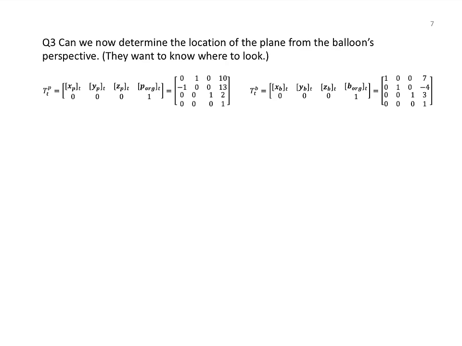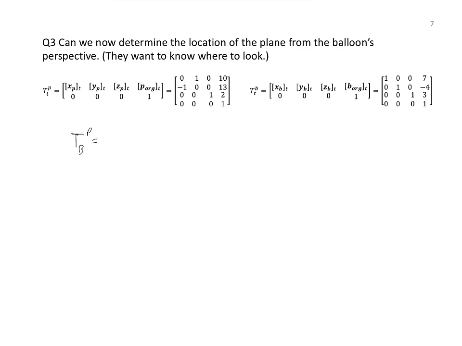They're letting us move plane to tower and balloon to tower. The people in the balloon are feeling a little bit antsy about where that plane is, and they want to be able to convert plane coordinates into their own coordinate system. So what do they need? They need a transformation that will take them from plane coordinates into balloon coordinates.